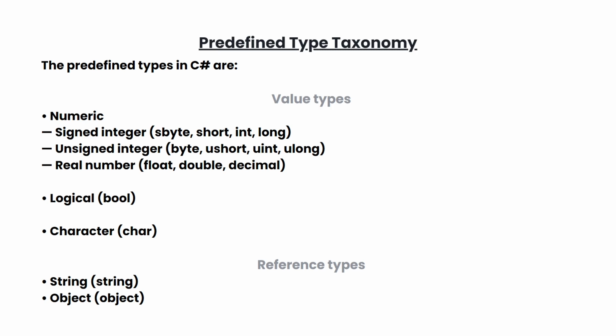The main difference between the signed and the unsigned integer is that the signed integer allows negative values, but the unsigned integer doesn't allow negative values to be stored. After this, we see the logical type, in which we have bool.